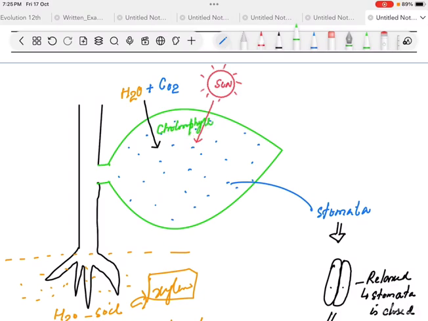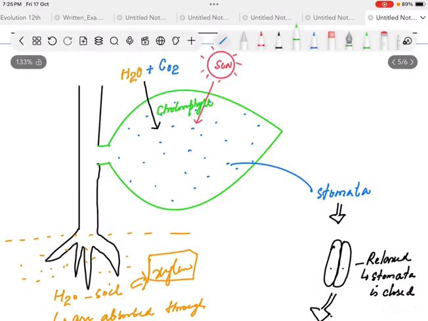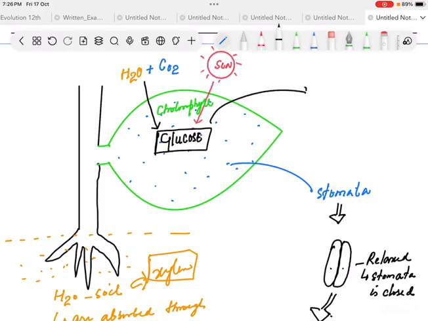Where is this chlorophyll located? It is located in the double membrane bound organelle called chloroplast. In the chloroplast, and in the presence of all these ingredients, the plant synthesizes its food in the simplest of its forms, that's glucose. Once the glucose is synthesized, there's also release of oxygen as well.